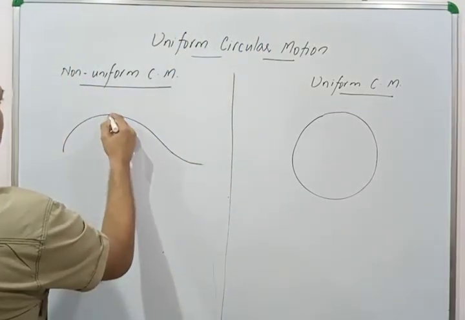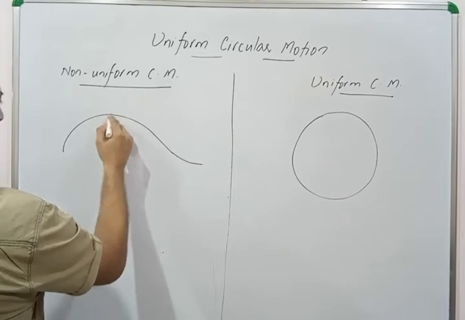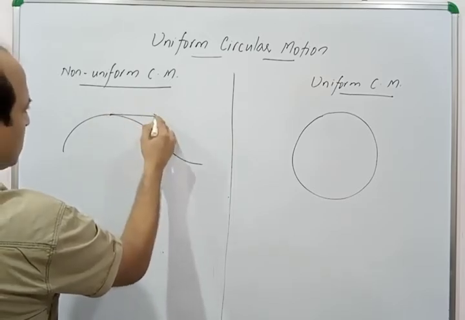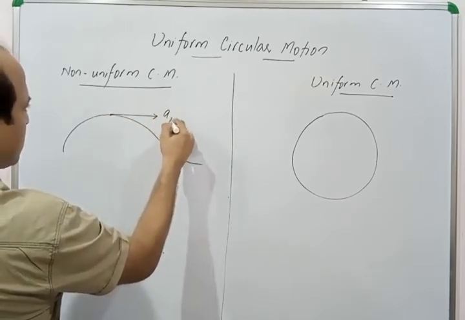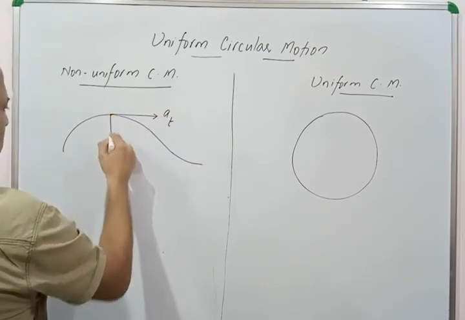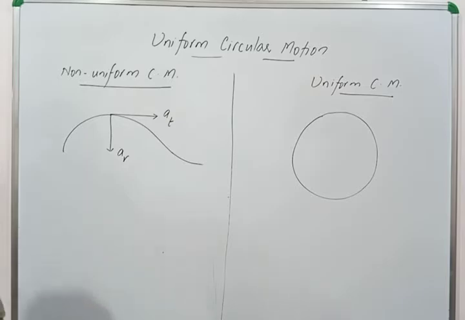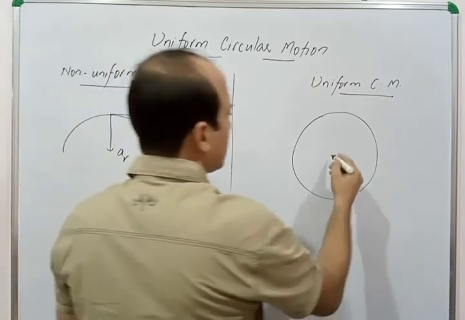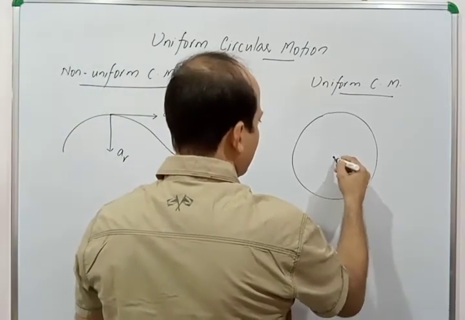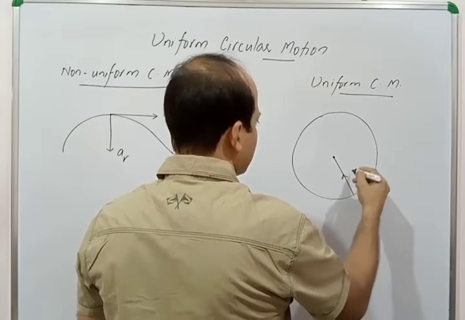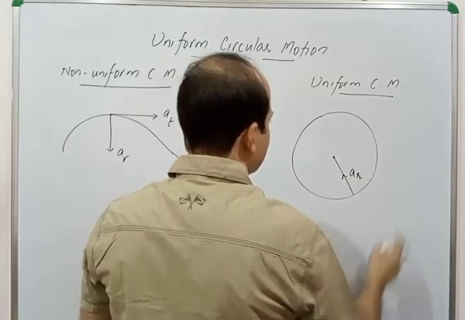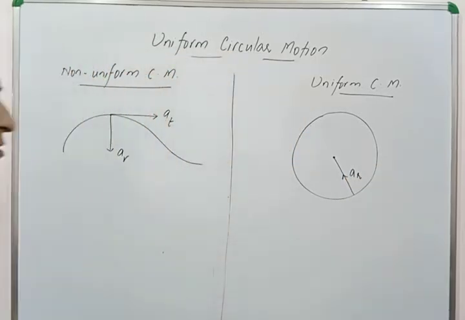If the body is executing non-uniform circular motion, then it is under the effect of two accelerations, tangential and radial, AR. And when the body executes uniform circular motion, it is under the effect of only radial acceleration. There is no tangential acceleration. That is the basic difference.